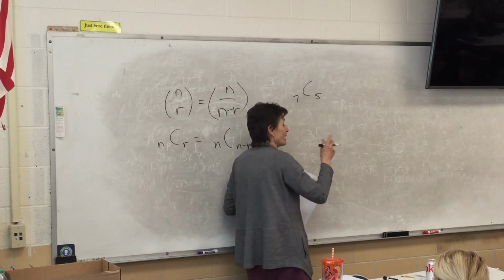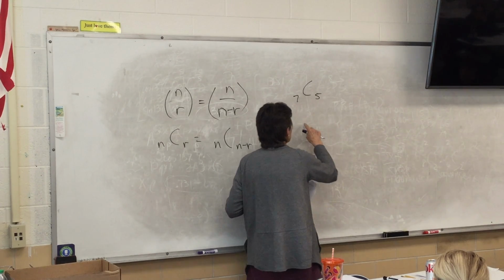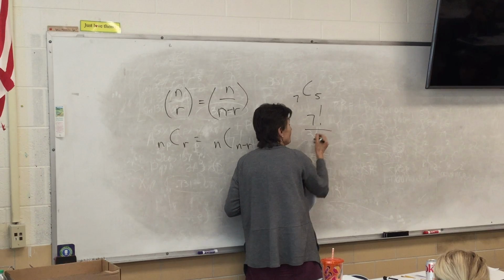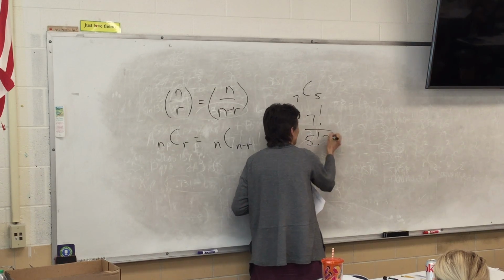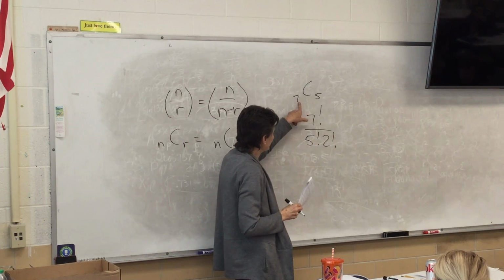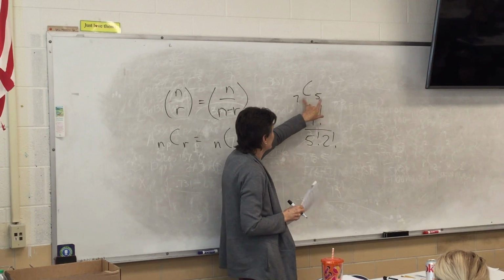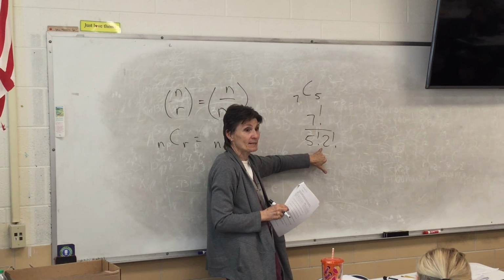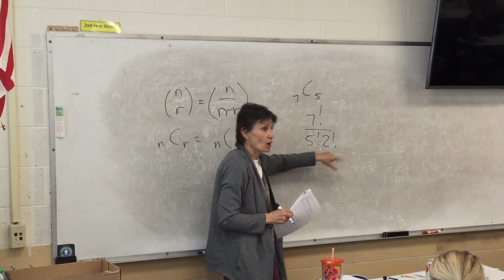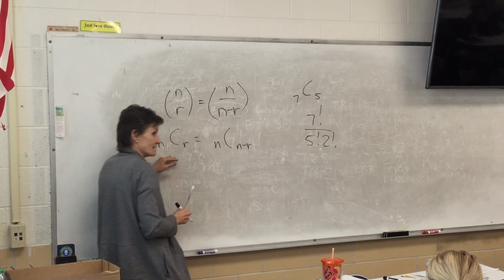But if you have to do it by hand, like I did back in the olden days, it's 7 factorial over 5 factorial, 2 factorial. 7, 5, and 7 minus 5. Remember that from yesterday?